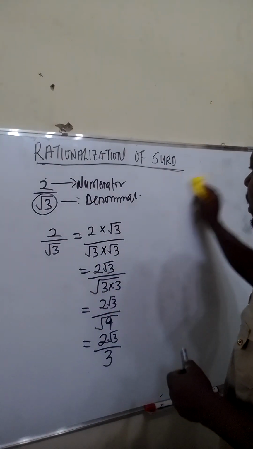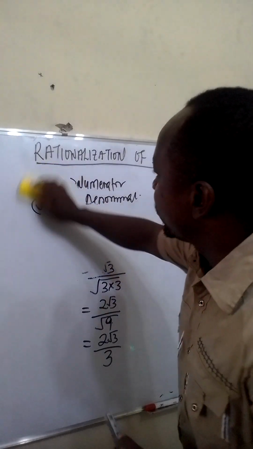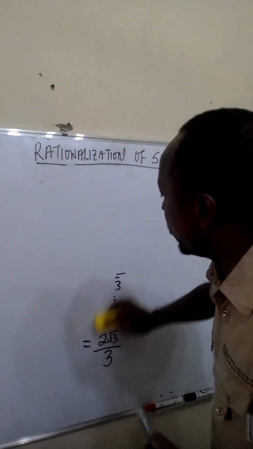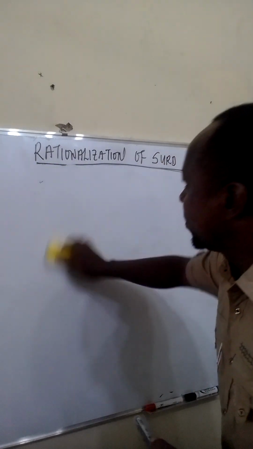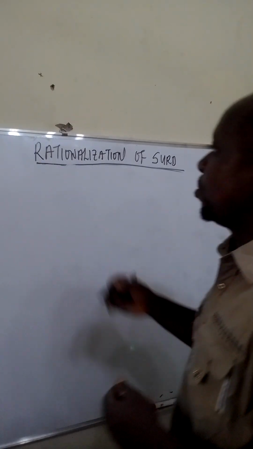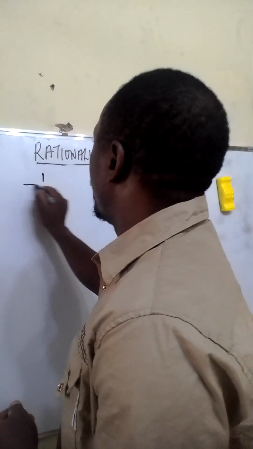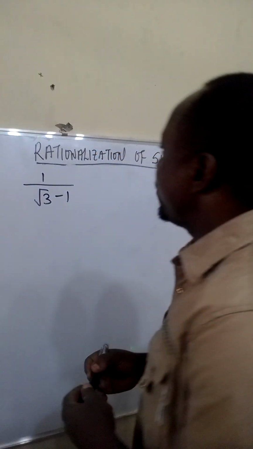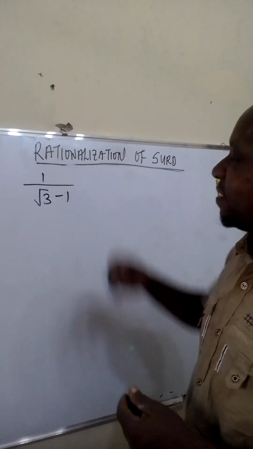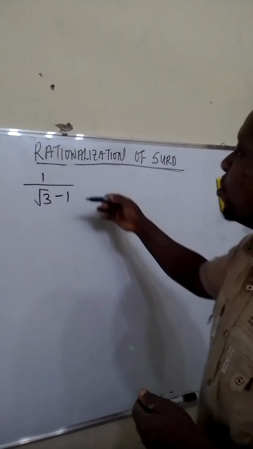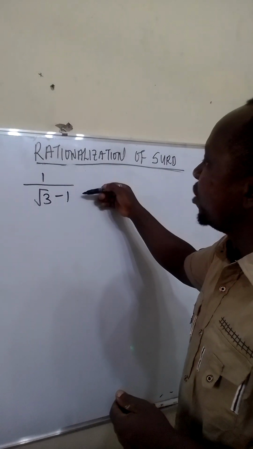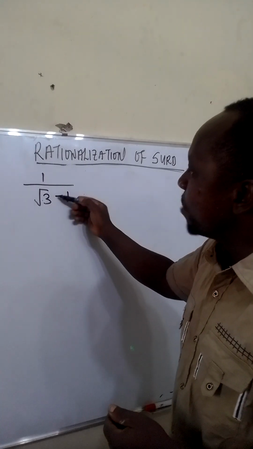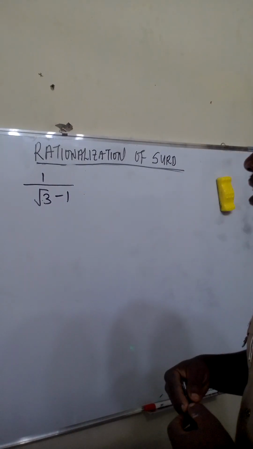For example, you can also be asked to rationalize a more complex fraction. For example, if we have 1 over root 3 minus 1. If we are asked to rationalize this fraction, if you multiply both the numerator and the denominator by root 3 minus 1, you will not get the answer.